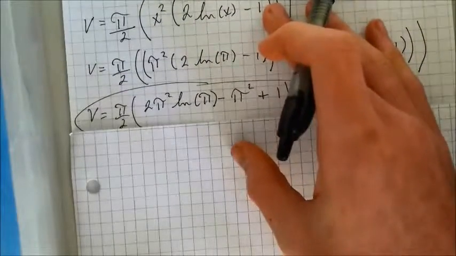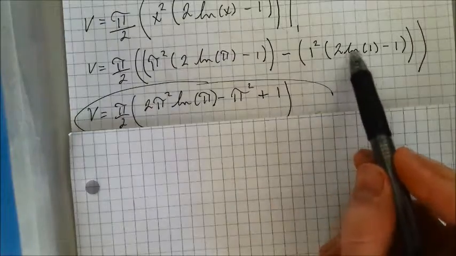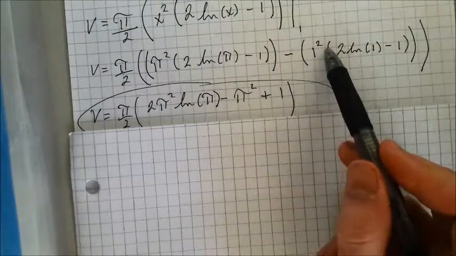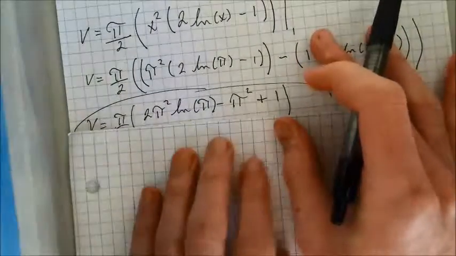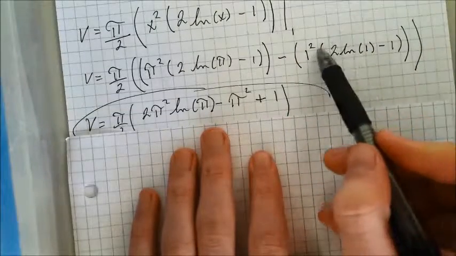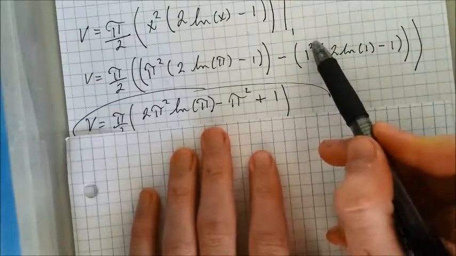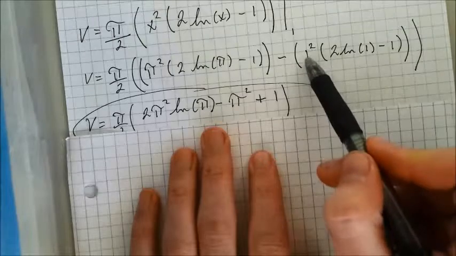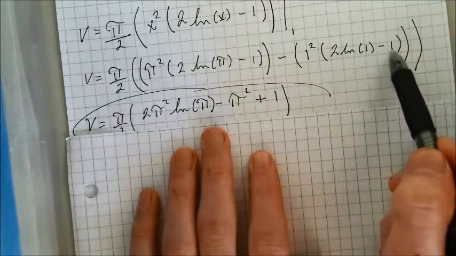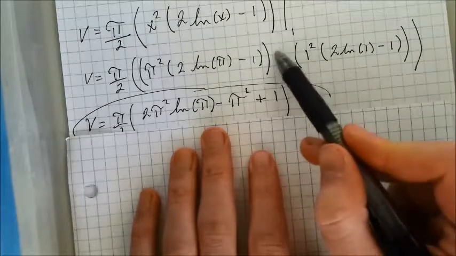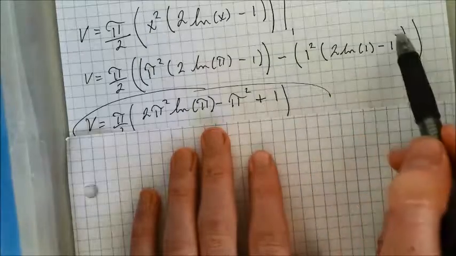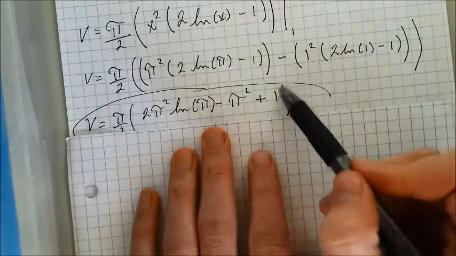And when I simplify, ln of 1 is 0. So this part of this expression goes away. 1 squared is 1. So I'm left with over here 1 squared times negative 1. But that's being subtracted. So that negative 1 is going to become a positive 1.